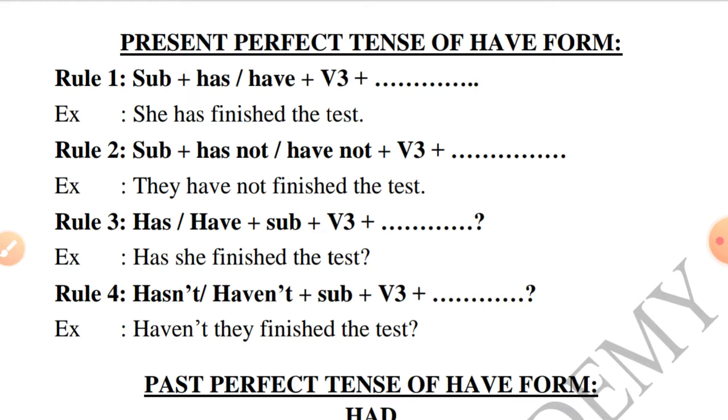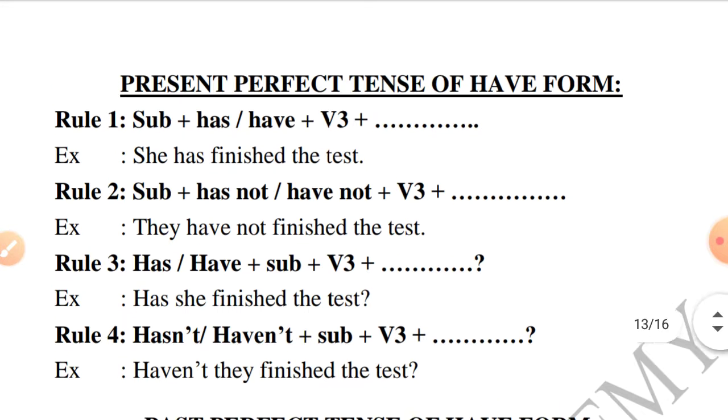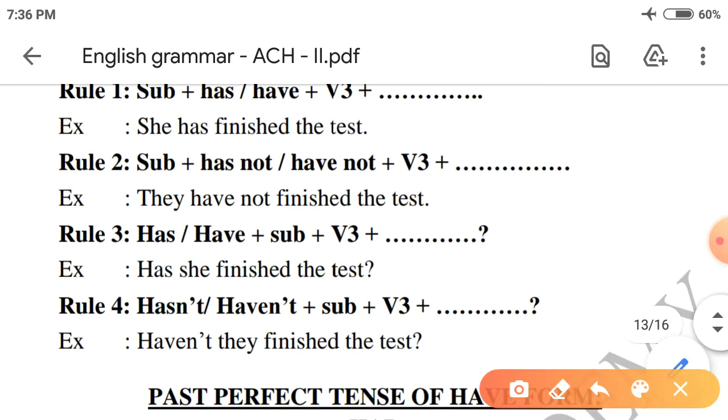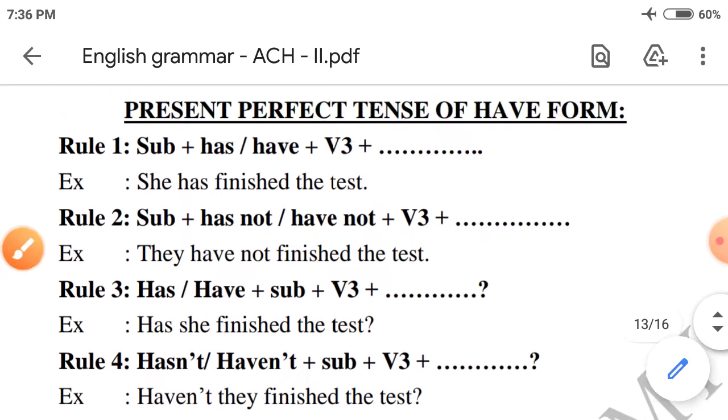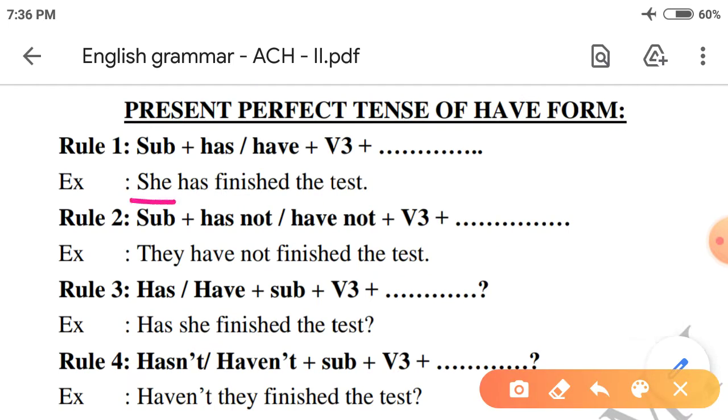In this also we can form negative sentences. Okay. So first one, the rule 1: subject plus has or have plus V3 plus the remaining part of the sentence. So here the subject is she, and you can write has or have depending on the subject.